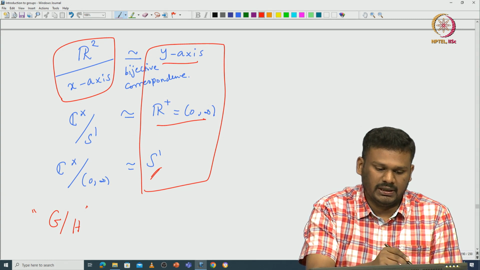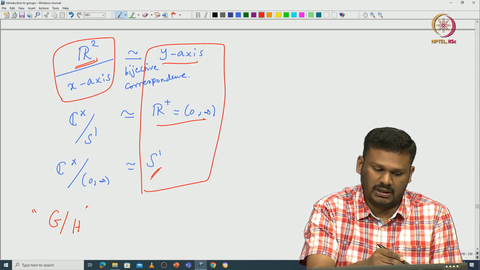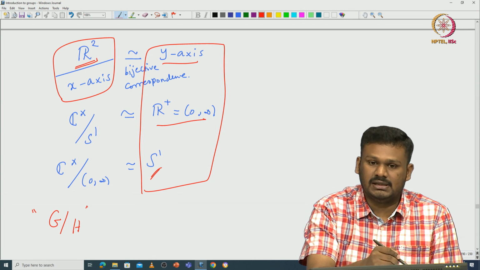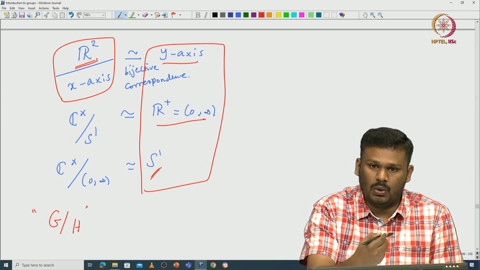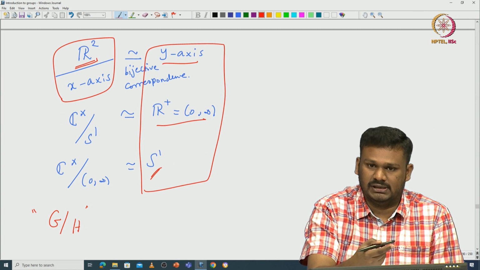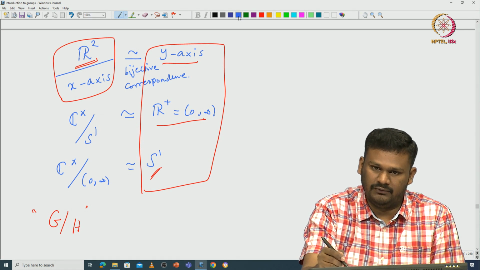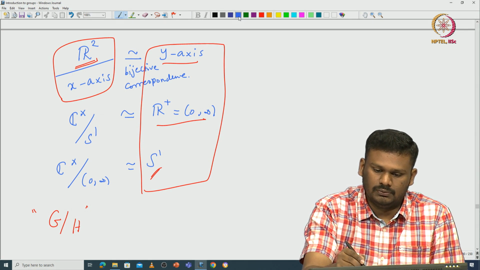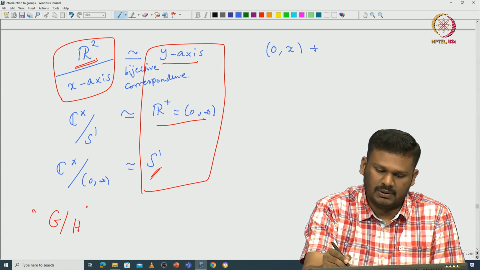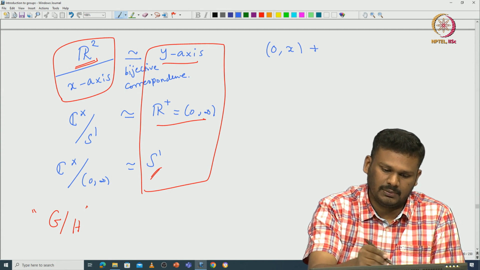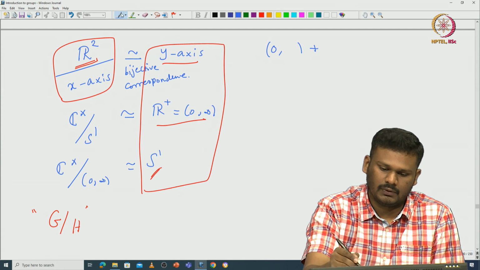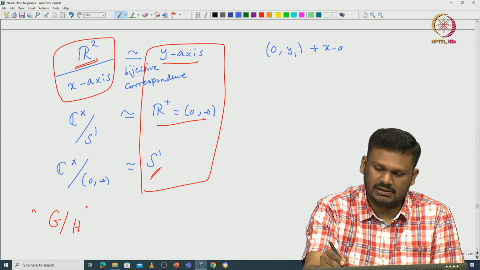The group structure should come from whatever group we actually started with. There is a binary operation, for example addition here in R2. So when you take R2 modulo the x axis, you want to add two cosets with respect to the x axis. Let me do an example. We already noted that any coset is parameterized by (0, y1) plus the x axis.